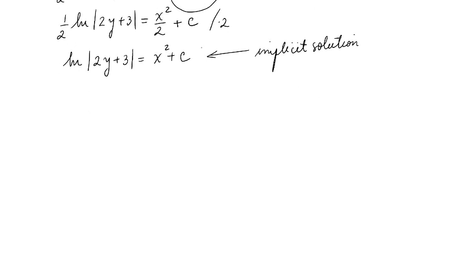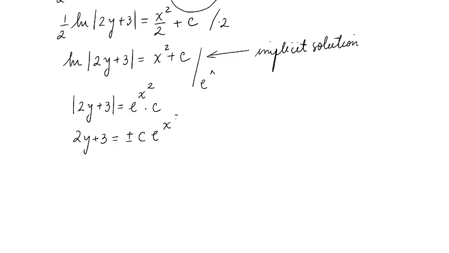So what I'm going to do is raise everything to e. So e to ln gives me the absolute value of 2y plus 3, and the right hand side is e to x squared plus c, or e to x squared times e to c, which again is a constant. So 2y plus 3 is plus minus c e to x squared, so I just open the absolute value.